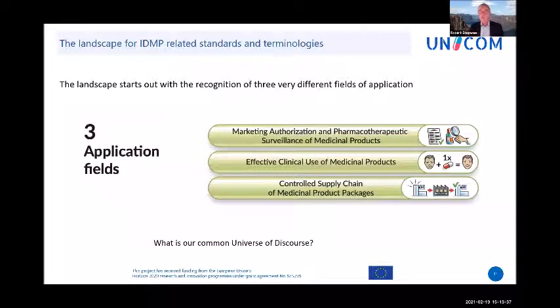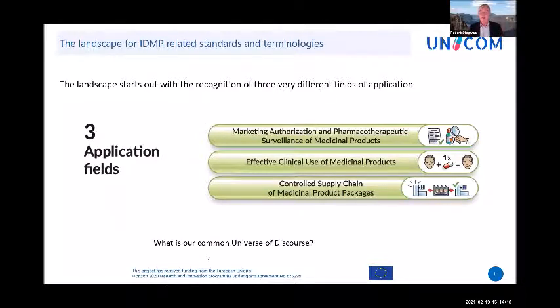On the marketing authorization side, that's where a lot of focus has been, to get authorization to market your medicinal product, and also to do the post-marketing surveillance and the pharmacotherapeutic surveillance. So this is really at the population level, whether the population is a country or a region or the whole of Europe or the whole of the world. It's really at a population level, so at a health system level, if you want to. That's where processes take place that look at the big picture.